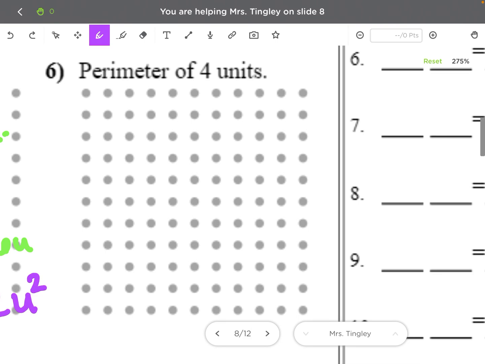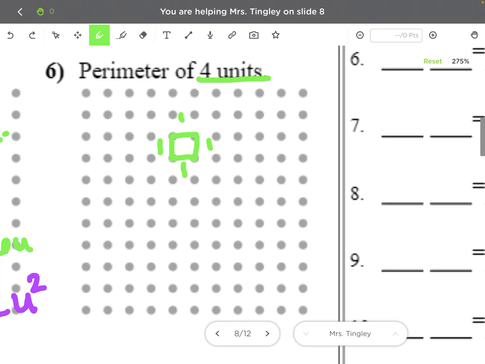Let's do another perimeter one here. So we have a perimeter of 4 units. Grab your perimeter color and draw a perimeter with 4 units. That means there's 4 lines all the way across, all the way around. 1, 2, 3, 4.